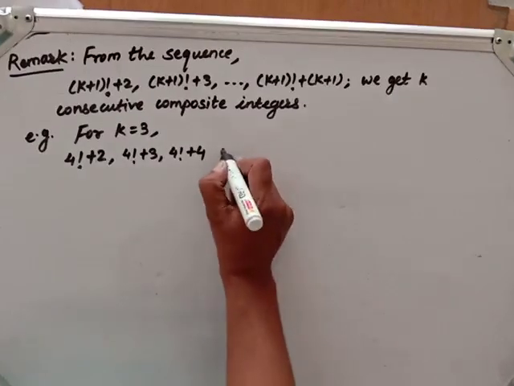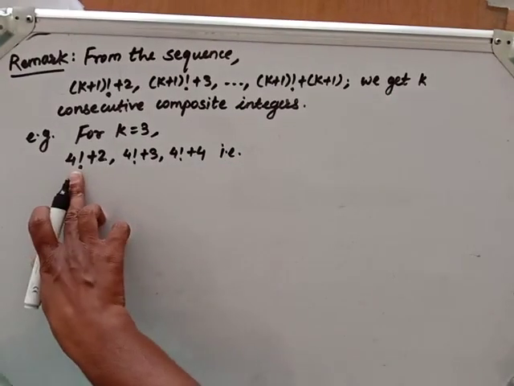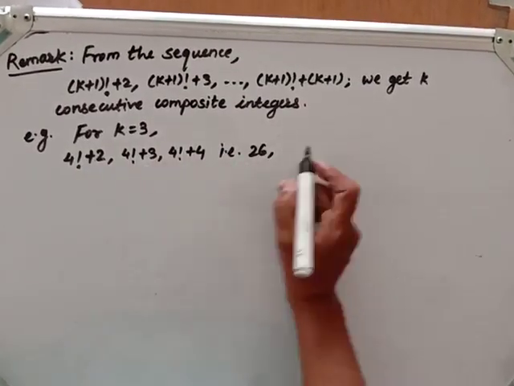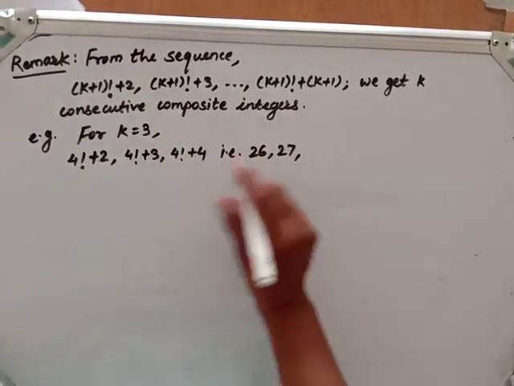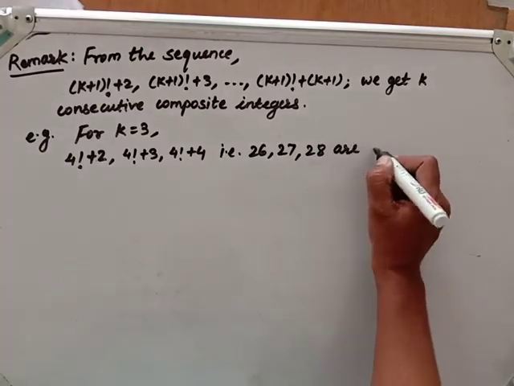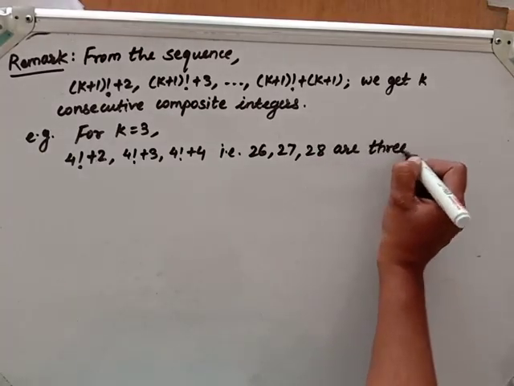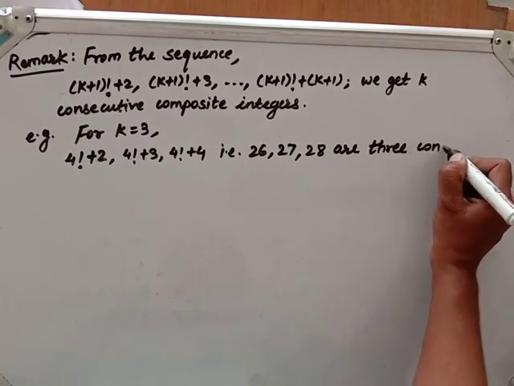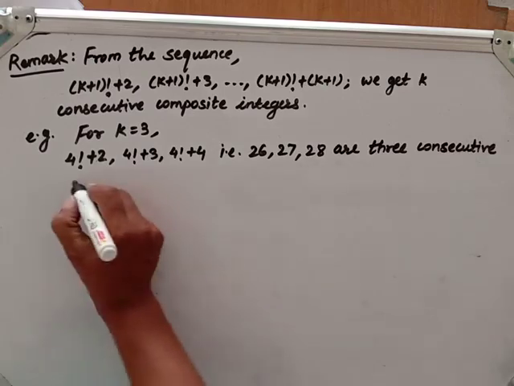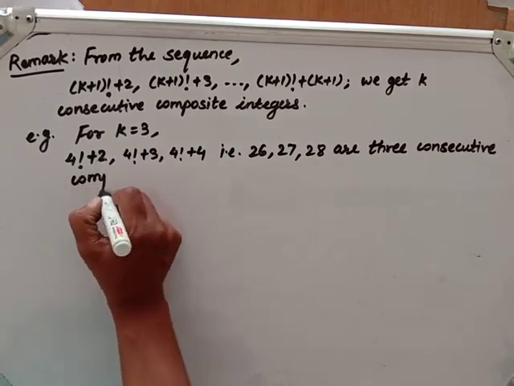Now what are these numbers? 4 factorial is 24, plus 2 gives 26. This is 27 and this is 28. So these are 3 consecutive composite integers.